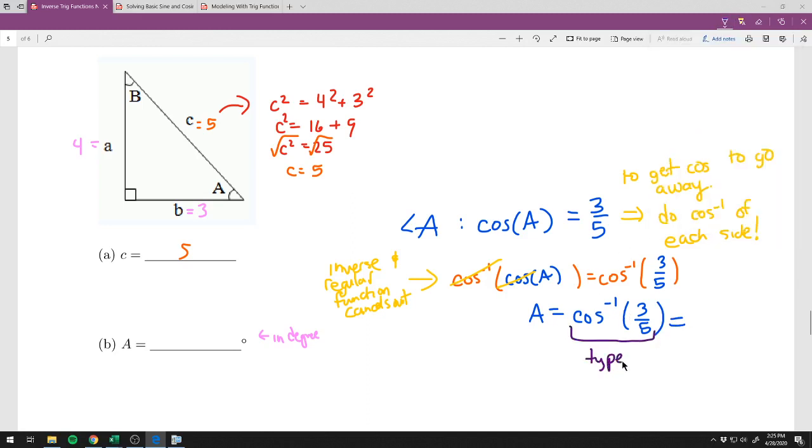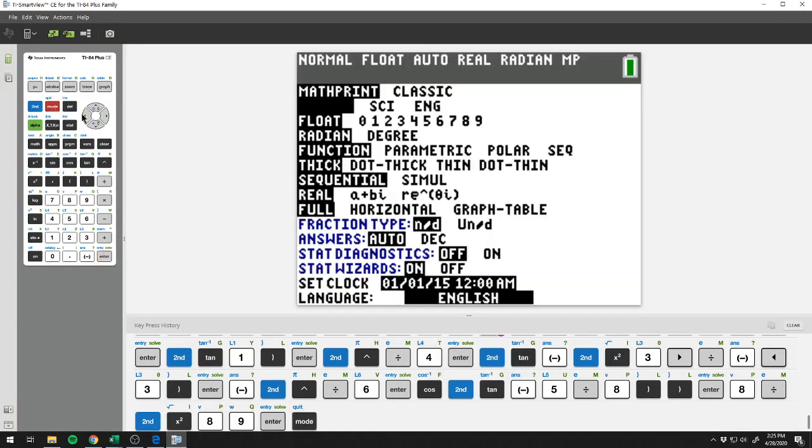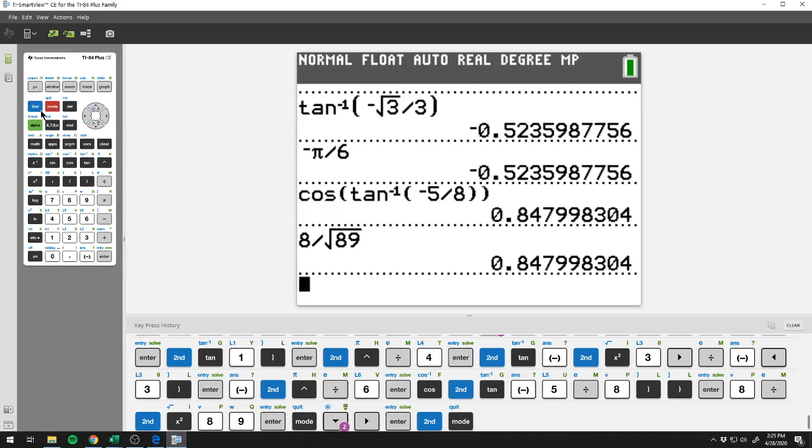But because we want it in degrees, we got to make sure we're in degree mode. Right, so we want degrees. We want to make sure we're in degree mode. Go over and hit degree, quit. And then I hit the wrong button.